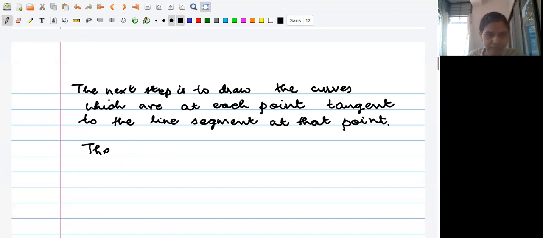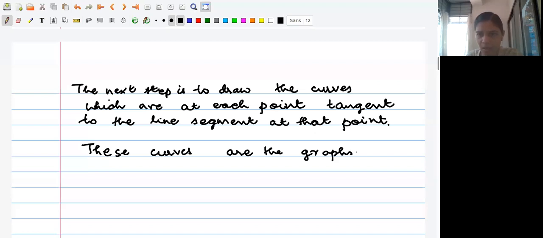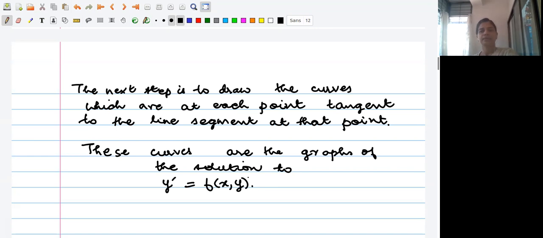So these curves are the graphs of the solutions to the given ODE. Is that okay?